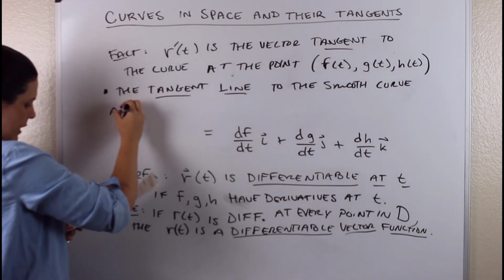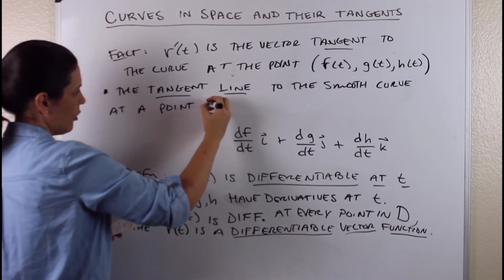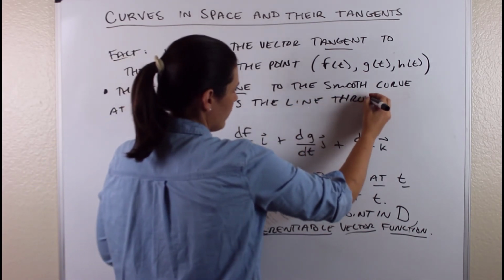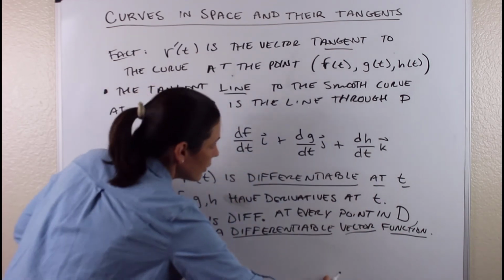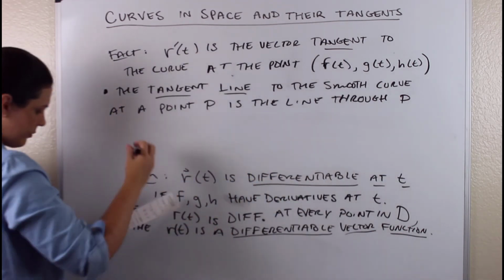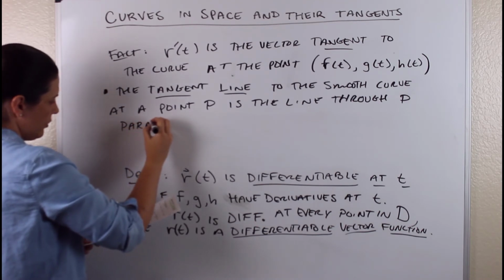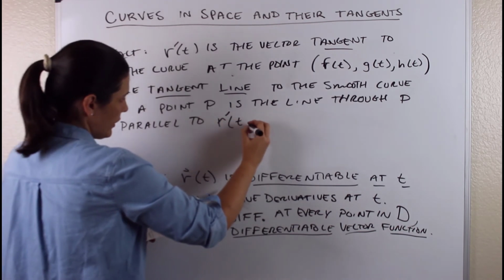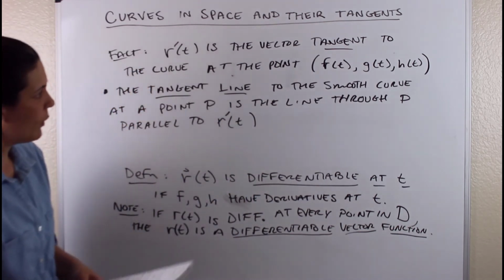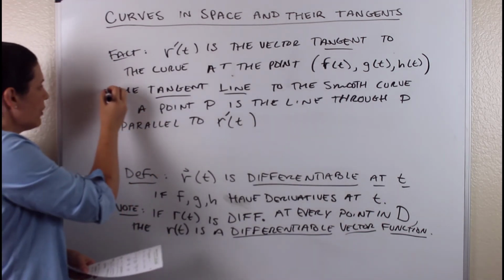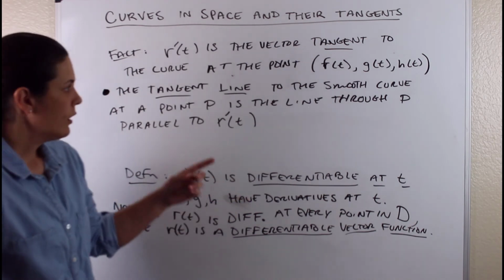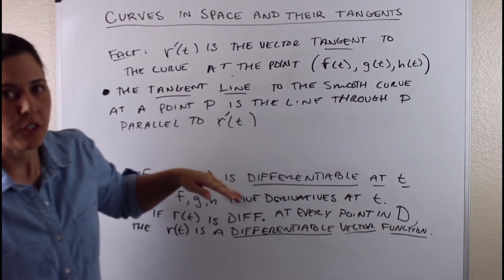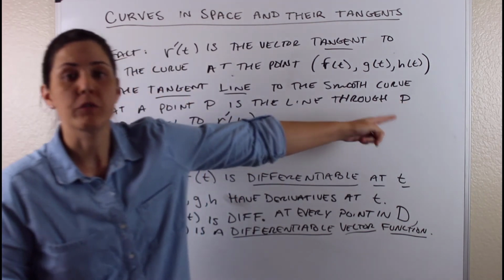So if you want to find the tangent line, you find the derivative, which is a tangent vector, and then the tangent line is just parallel to that tangent vector, but it passes through your curve at the point you're focused on.